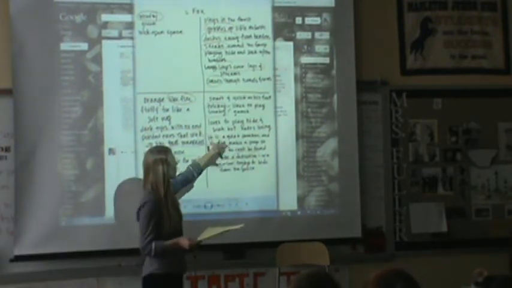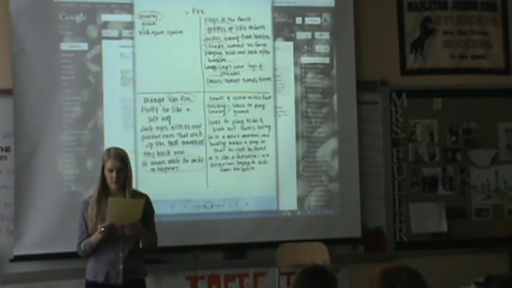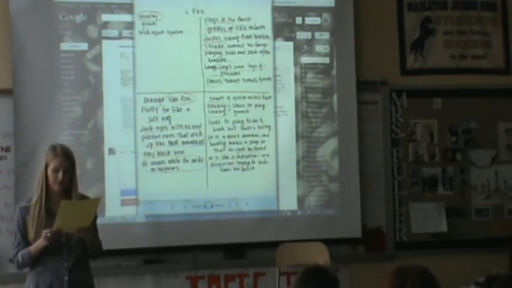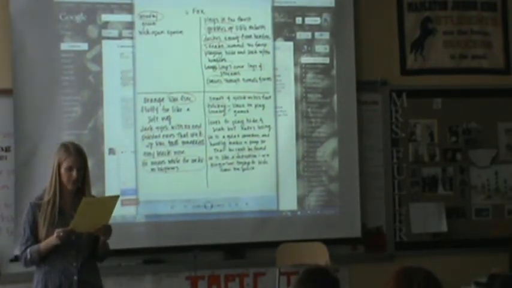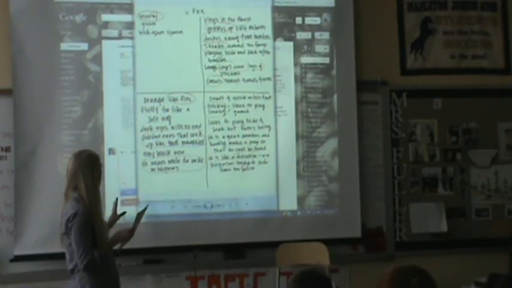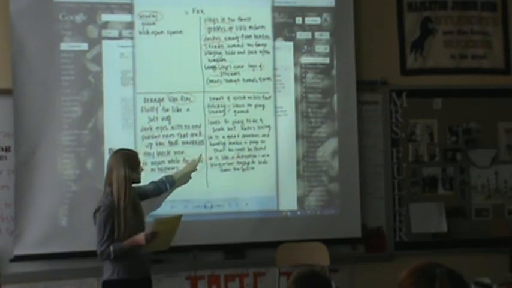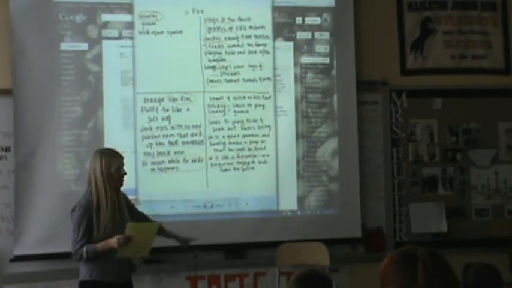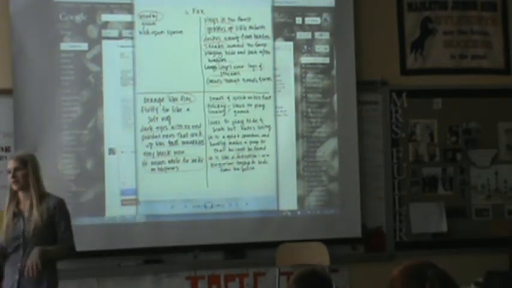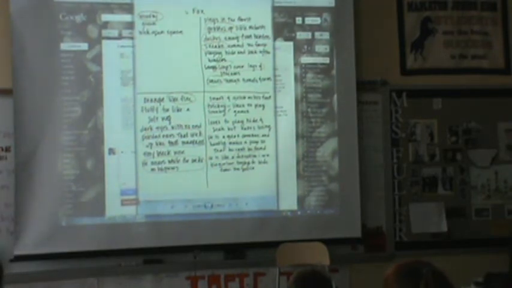It's the same box on your sheet. It says, what characteristics does this animal have that are like humans, okay? So I put that a fox is tricky, he's sneaky, he loves to play games. So things that you would describe that like people would do, but he's an animal, okay? So those types of things.